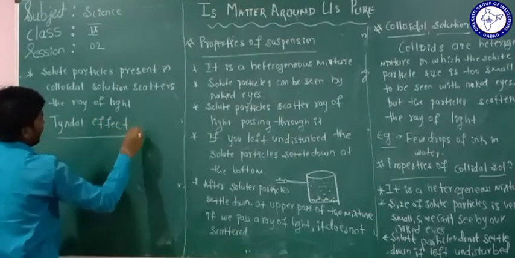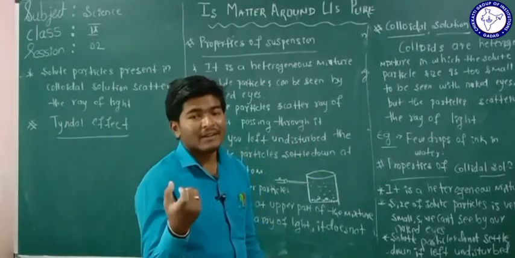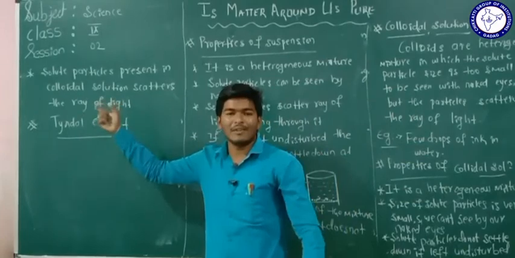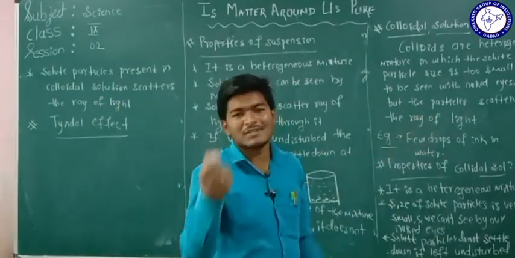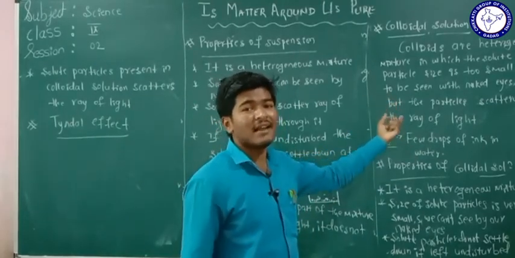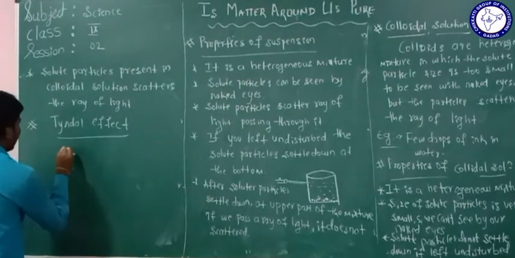What is the Tyndall effect? The scattering of a ray of light when it is passed through a colloidal solution is known as the Tyndall effect. Why? Because in the colloidal solution the size of the solute particles is very small, but they also scatter the ray of light. This effect is known as the Tyndall effect.